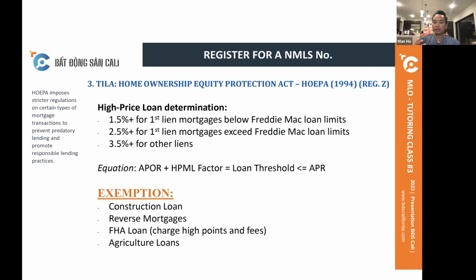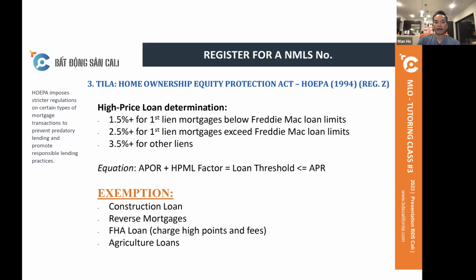But if your loan is greater than 750 plus an additional 1.5% of Freddie Mac, then that can be considered a high price loan. And if it's 2.5% more than the Freddie Mac loan limit, then that is considered a high price loan.